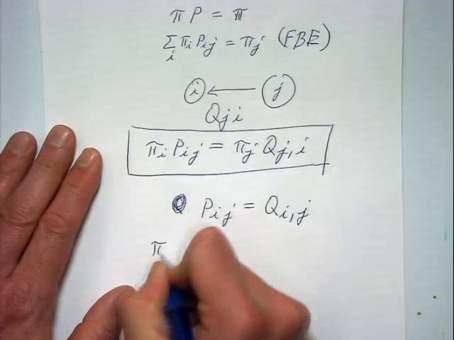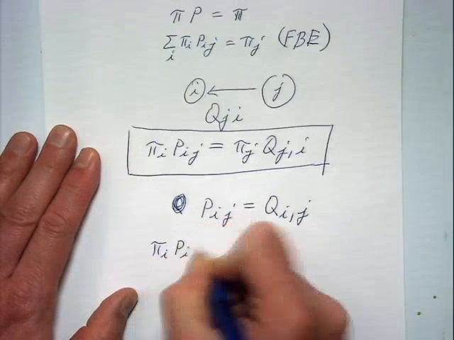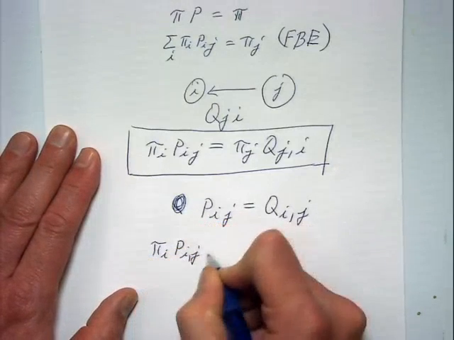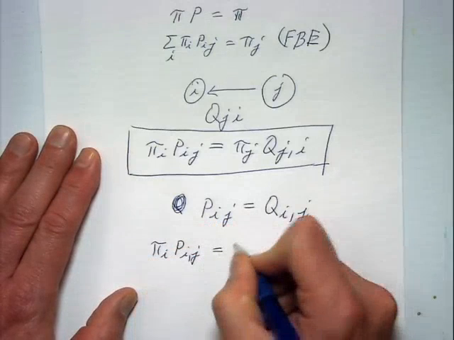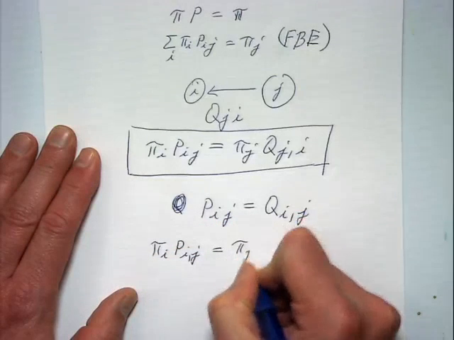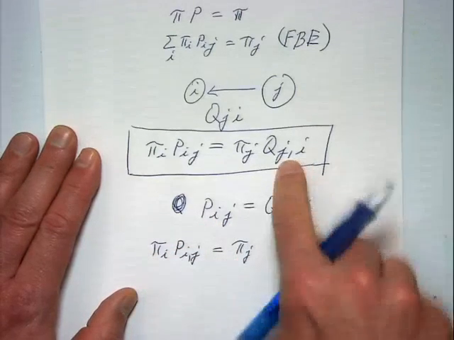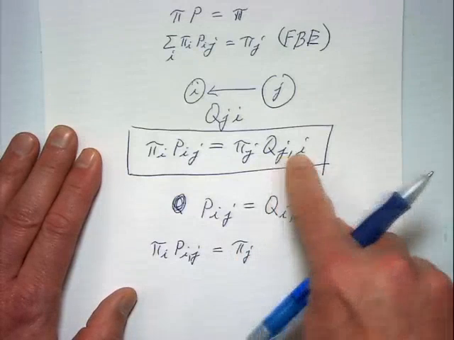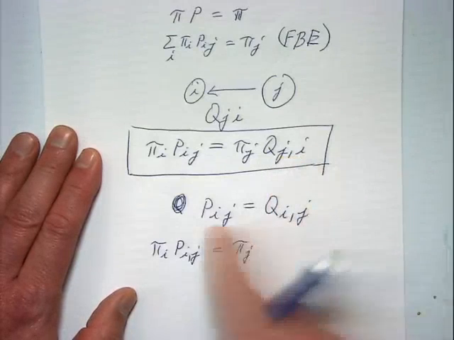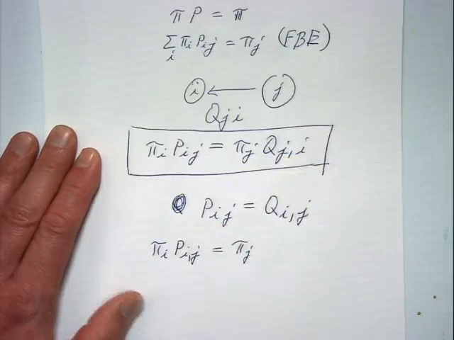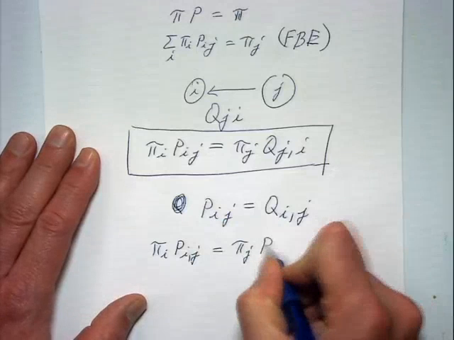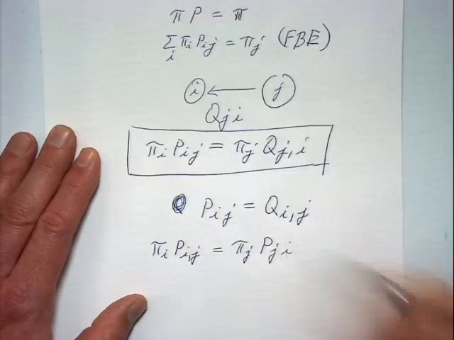We'd get that pi i times Pij equals pi j times, and now you've got to be kind of careful because this is ji and that's ij, so I've got to reflip the j's and the i's here. So I'm going to get P of ji.